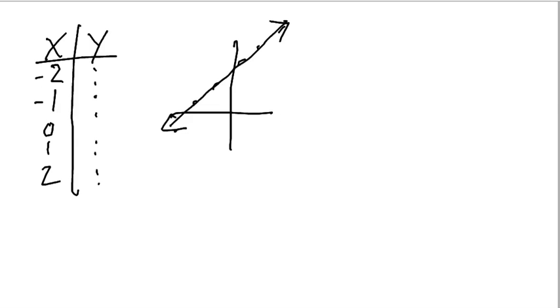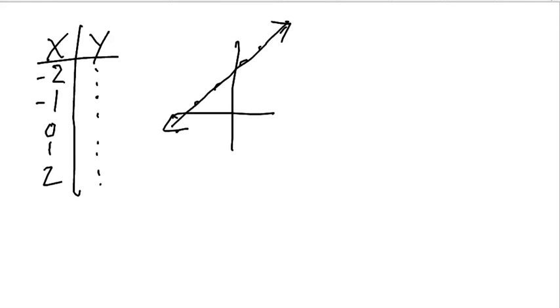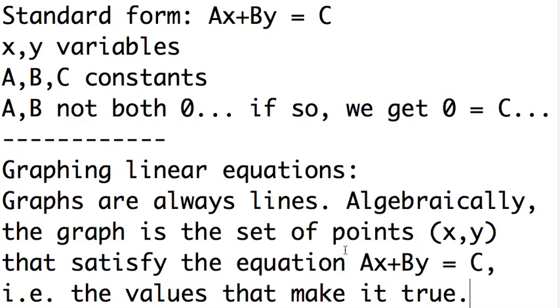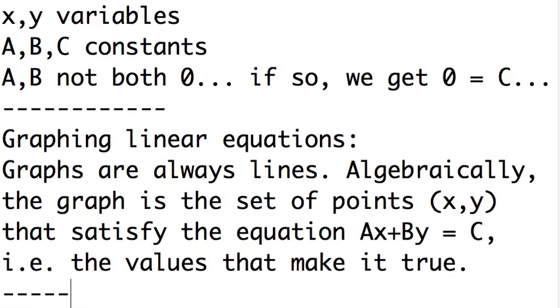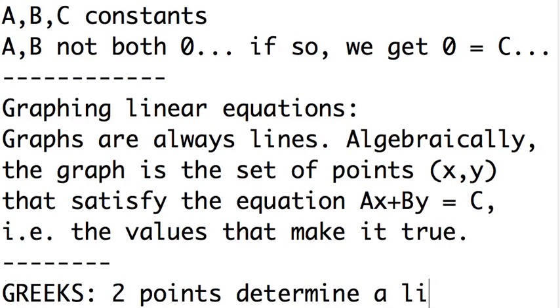But before even talking about the faster way, I'd like to say that plotting out 5 or 6 or 10 or 20 million points is more work than you really need to be doing. Why? Well, there's a fact that goes back to the Greeks. The Greeks, they sort of invented the systematic study of geometry, and what they told us was this: 2 points determine a line.